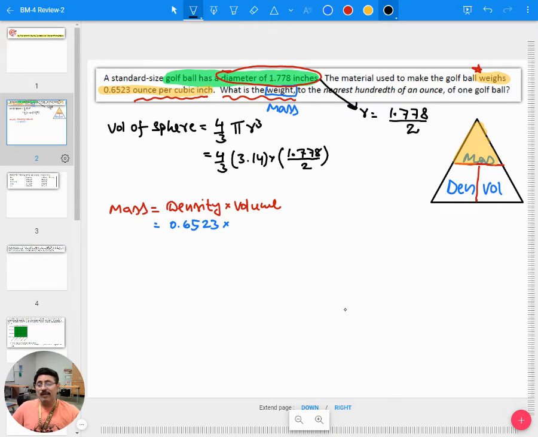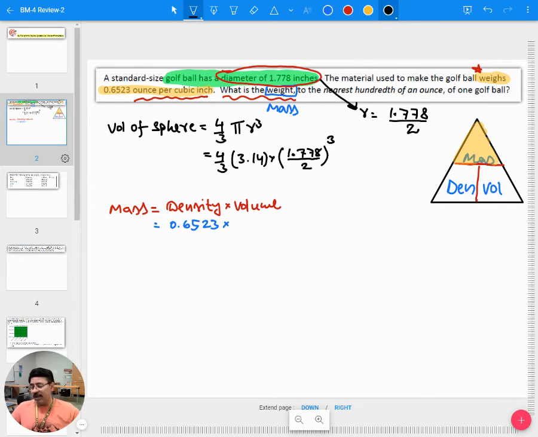Let me not forget to keep the cube here, because it is 4 by 3 pi r cubed. At this point, let me take my calculator: 4 over 3 times 3.14 times 1.778 over 2, this one cubed.